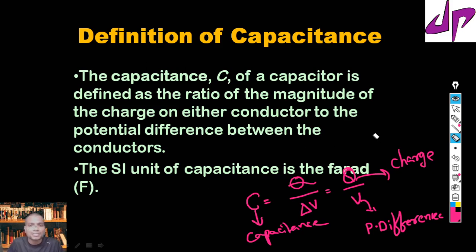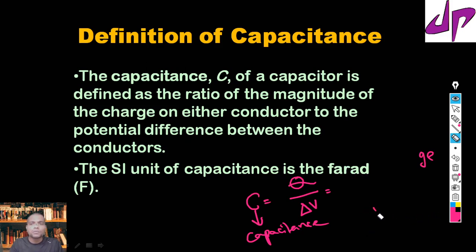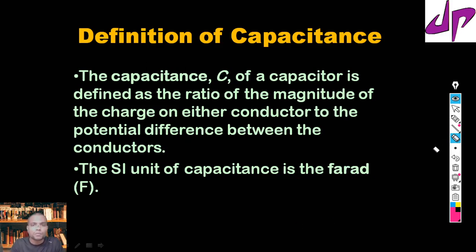Capacitor charge is a scalar quantity and potential difference is also a scalar quantity. So that ratio gives a new quantity that we call capacitance. So capacitance C is equal to Q upon V, and the SI unit of capacitance is the farad.